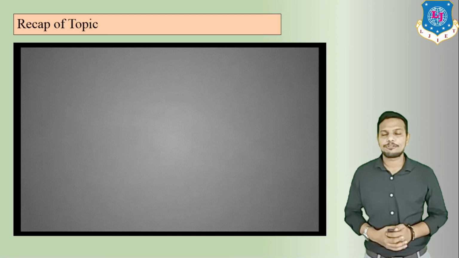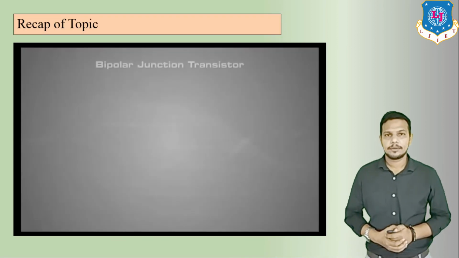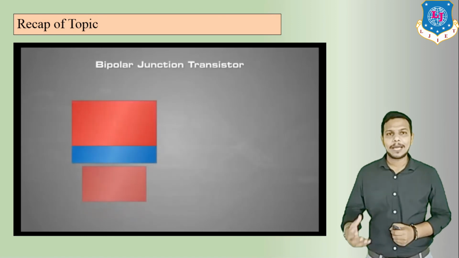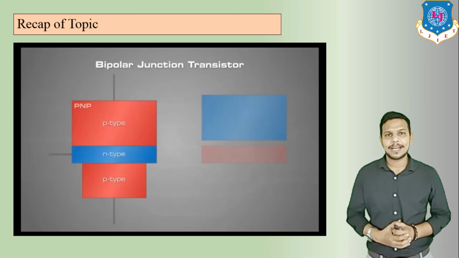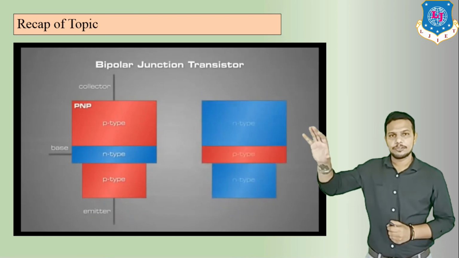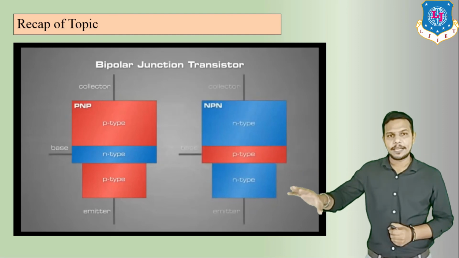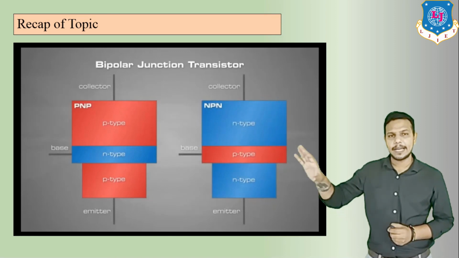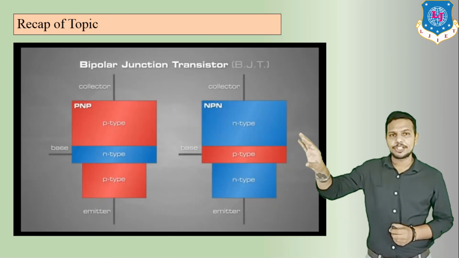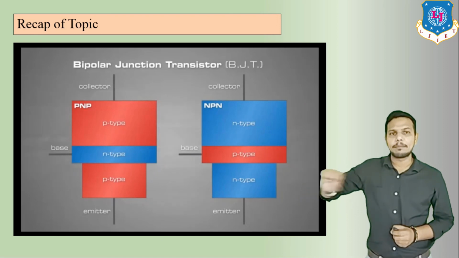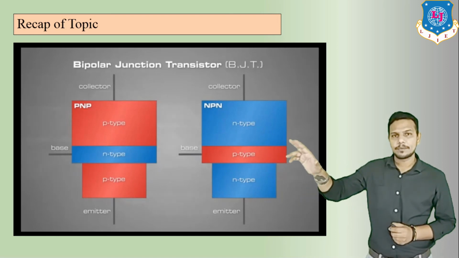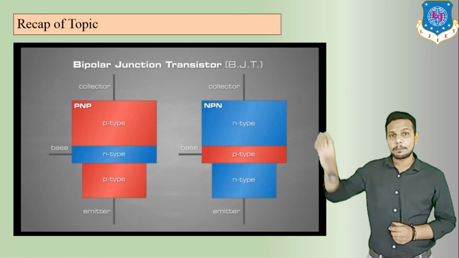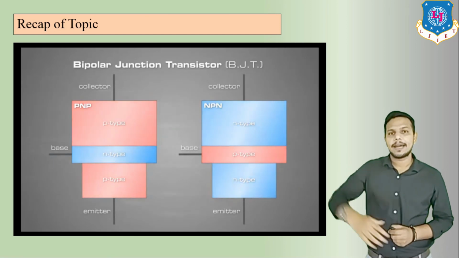Now let's recap today's topic. In this lecture we have seen the bipolar junction transistor, known as BJT, which is made as NPN and PNP types. In the NPN, P-type material is sandwiched between two N-type materials, and in the PNP, N-type material is between P-type material.